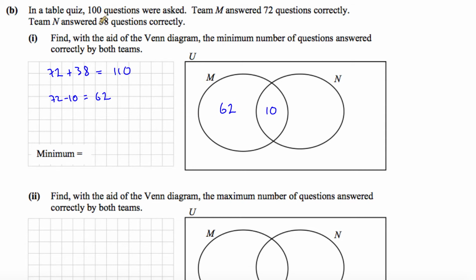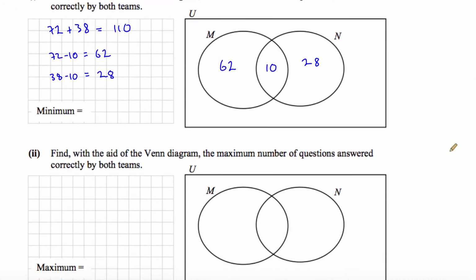And if there was 38 questions for Team N, and we take away the 10 in the middle from them, that leaves us with 28 for the rest of N. So these three numbers add up to 100, and that's the smallest number you could have there in the middle. So the minimum number in the middle is 10.